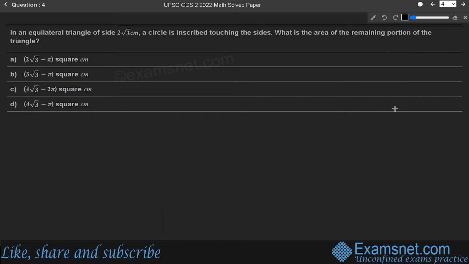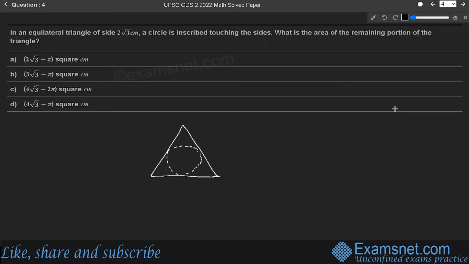Next question is, in an equilateral triangle of side 2 root 3 centimeter, a circle is inscribed touching the sides. Let this be the equilateral triangle, and let this be the circle that is inscribed inside the triangle.